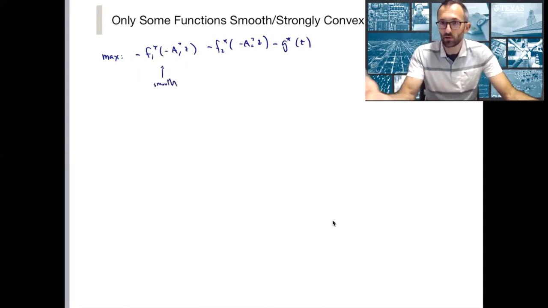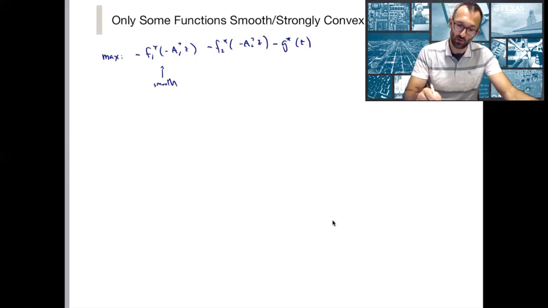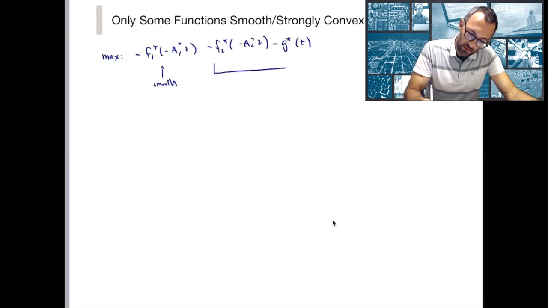So now I can think about doing Prox Grad, but do a different split. Instead of doing Prox with respect to G star, let's do Prox with respect to this.